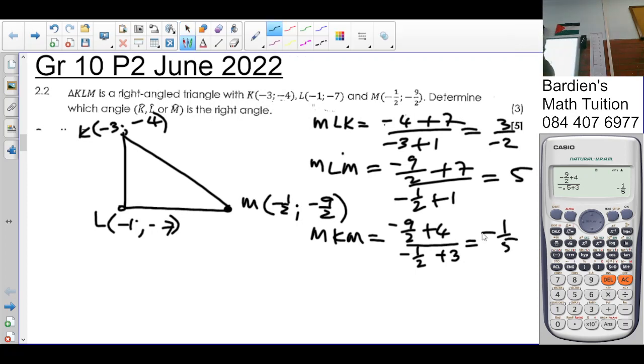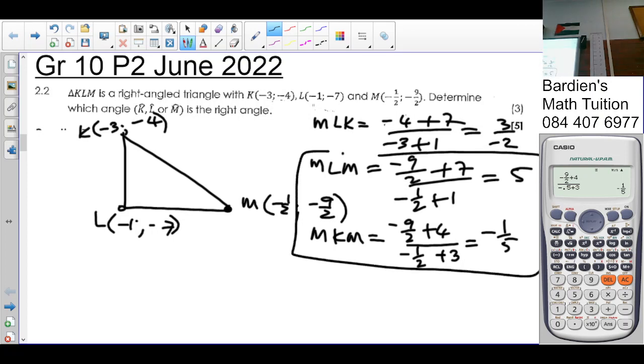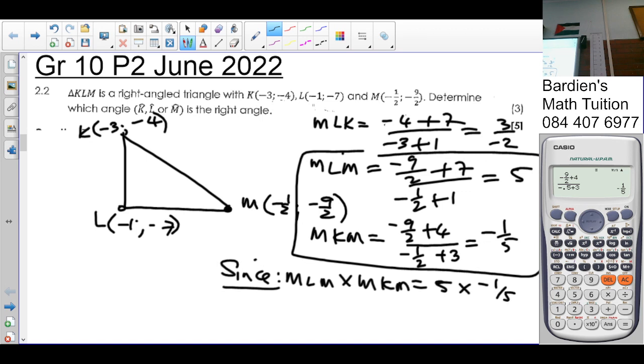Okay, can you see? So those two go together. So we say since the gradient of LM times the gradient of KM is equal to 5 times -1 over 5, which is -1. Okay, so this is LM and MK. So it's actually 90 degrees there. Okay, the diagram.